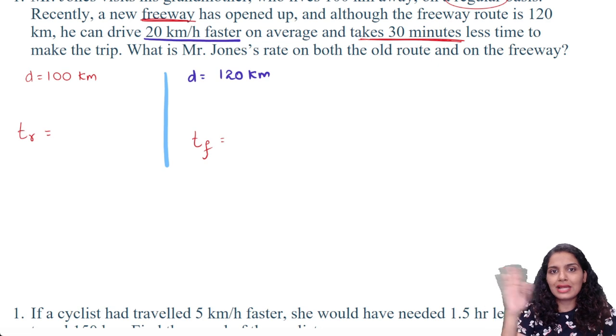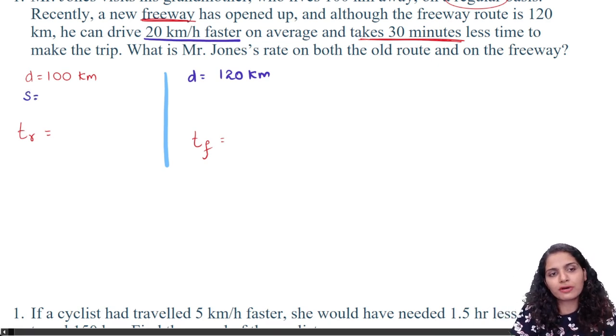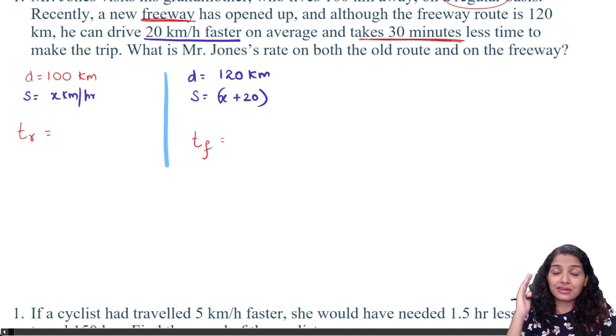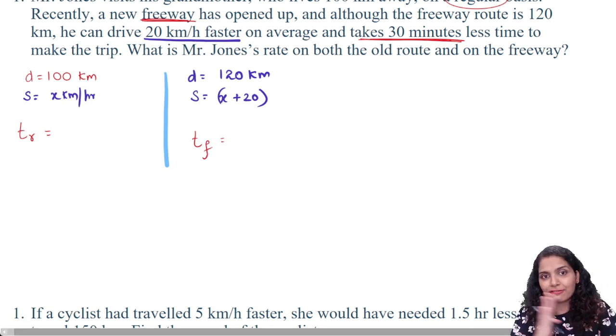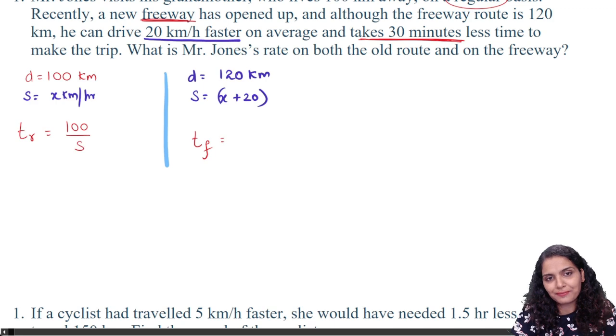Okay, so let's say he used to drive with the speed of x kilometers per hour, and now on a freeway he can of course pick up more speed, and it will be x plus 20. I'm telling you kids, it really helps when you are making the different cases. It really helps you to understand the question. So now the time for this will be 100 upon, now you're getting what to do, right?